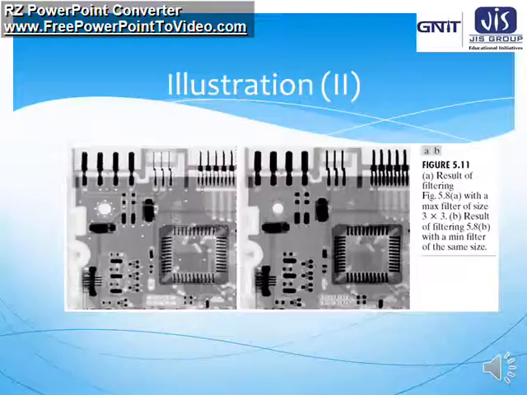So this is another example of filtering techniques. Now if it is clear to you, we will move forward to the next slide.